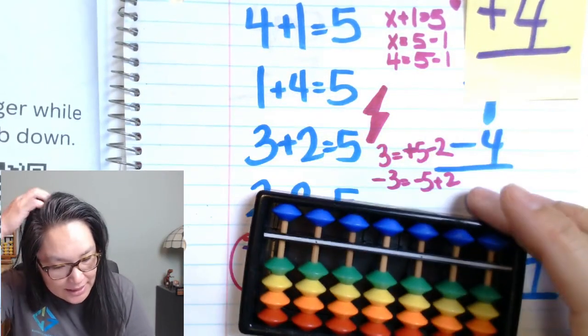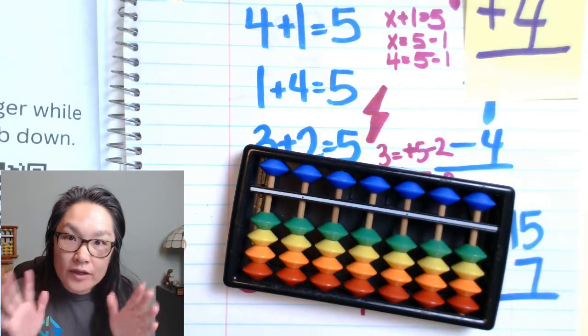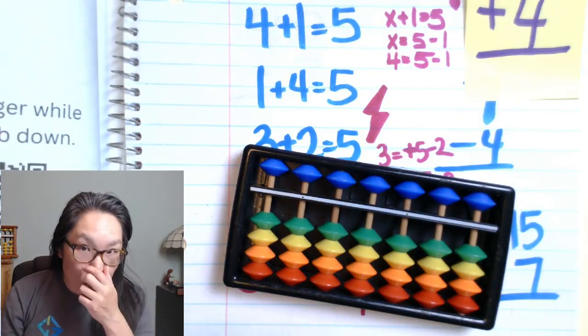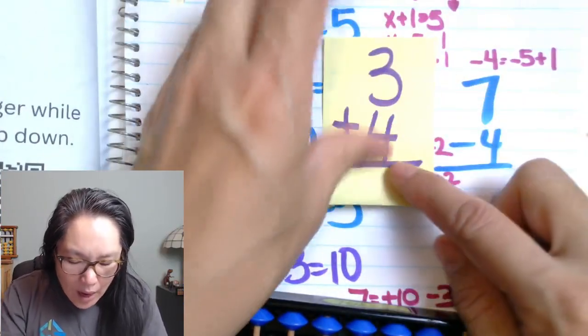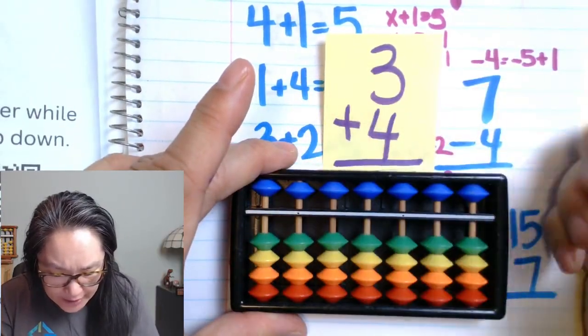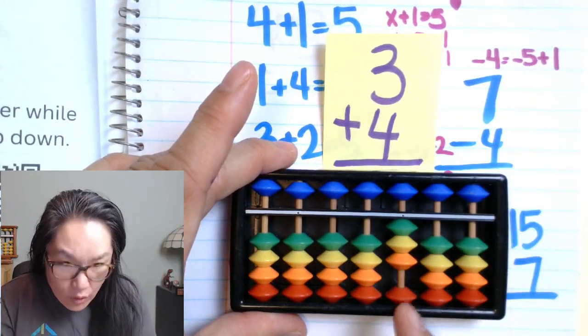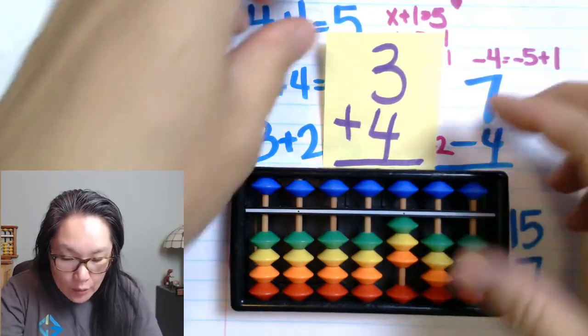But see, the thing is in Abacus we have a conversation with our numbers. So we always have to ask how. How can I do this? So if I have 3, how can I add 4? I cannot add 4 directly.